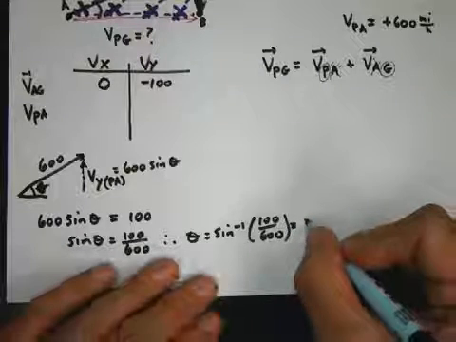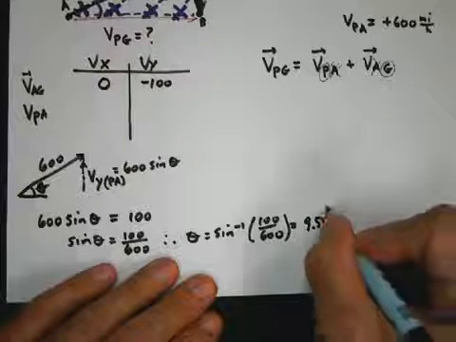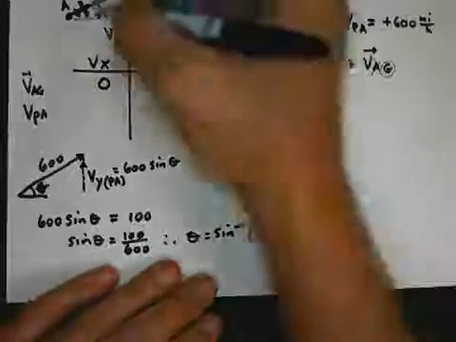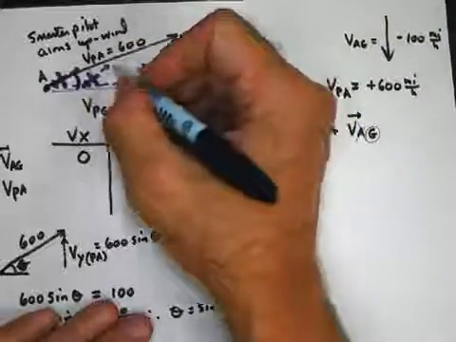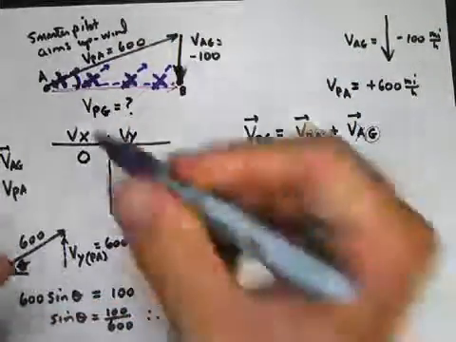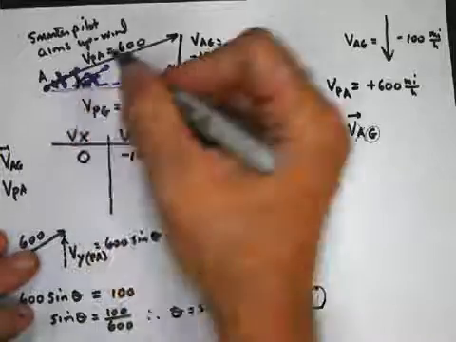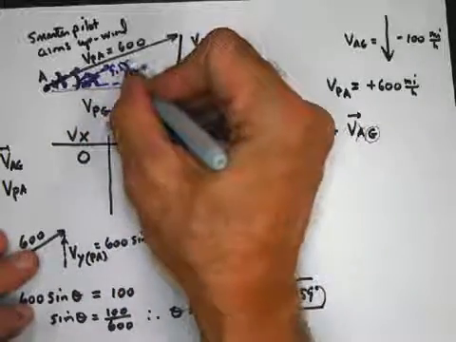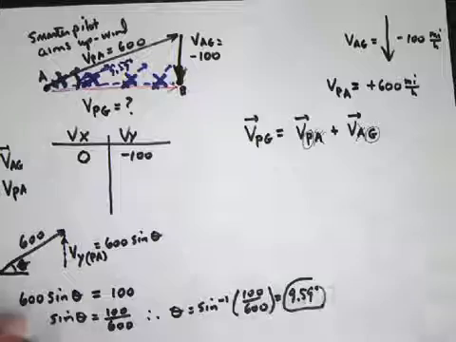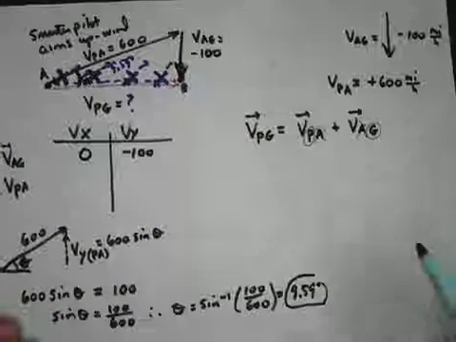So this angle right up here is 9.59 degrees. That's how much the pilot has to angle the plane to compensate for the wind.